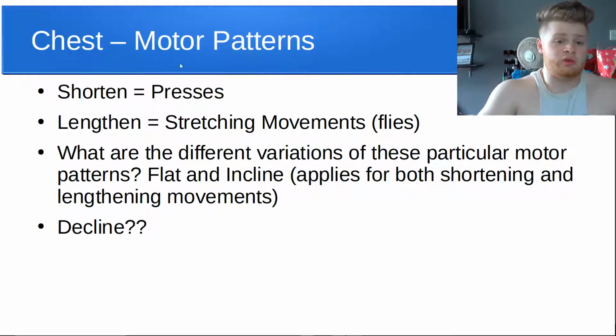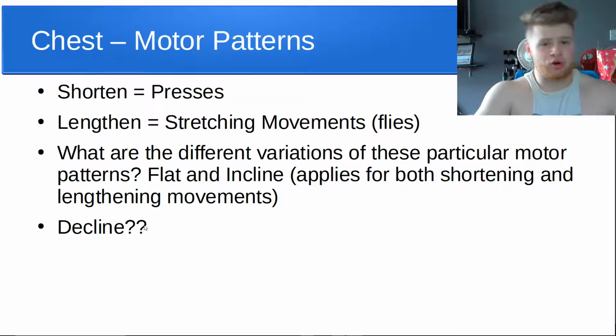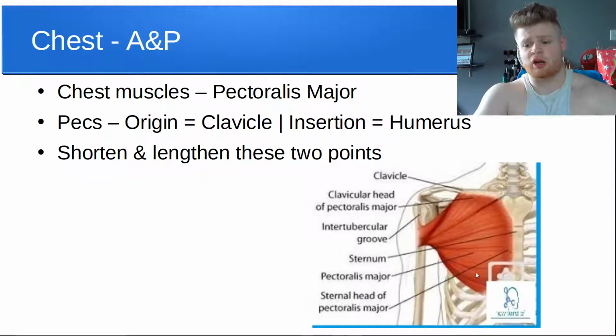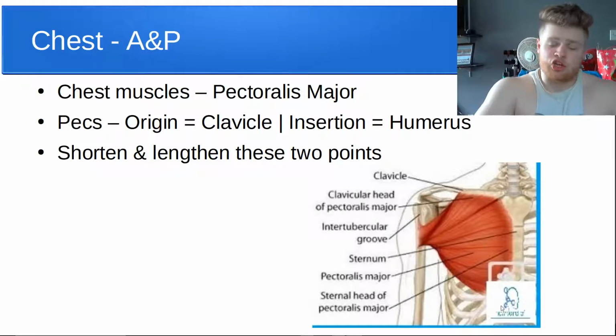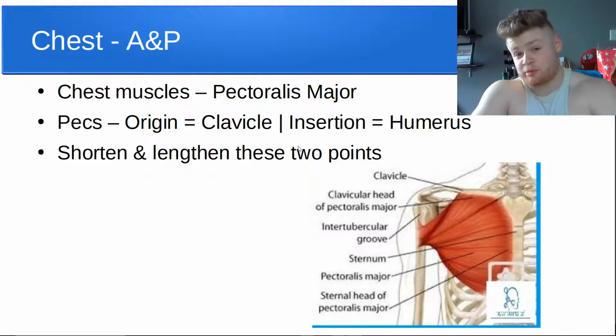So we need to be doing flat presses and flat flies, incline presses and incline flies, decline presses and decline flies. Now I have question marks next to the decline here because there's a lot of people that question whether or not the lower chest actually exists and whether or not we need to do decline movements. There are some fibers, as we can tell by this picture here, in the chest that run from the humerus down to the sternum. So in order to maximally hit the chest, we do need to do some decline movements.